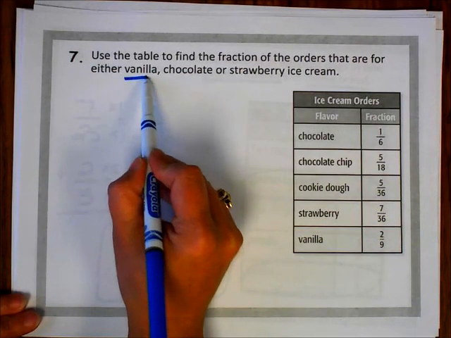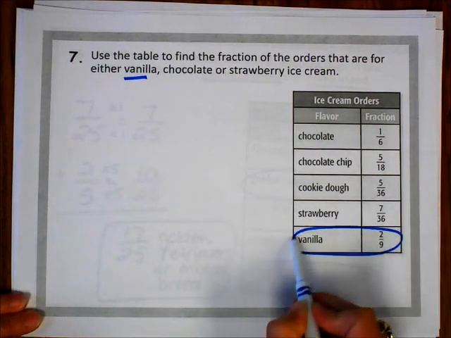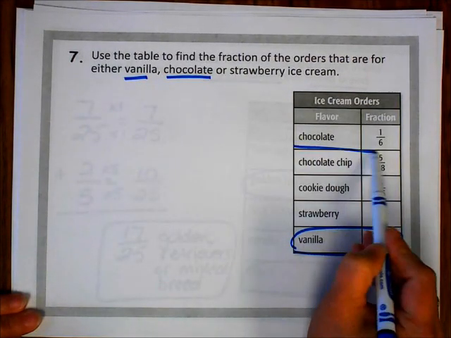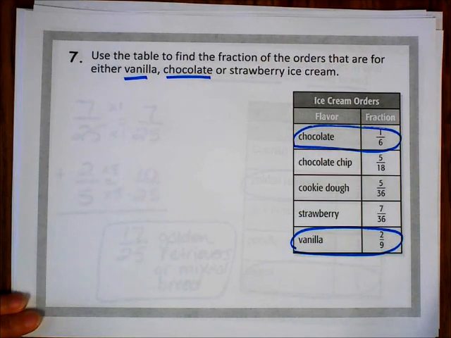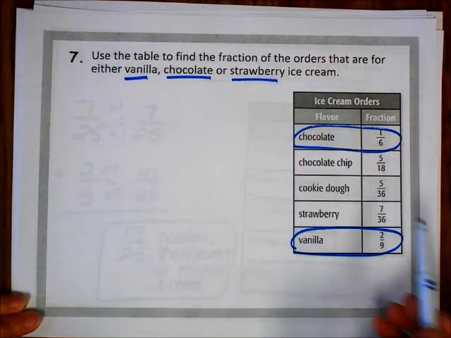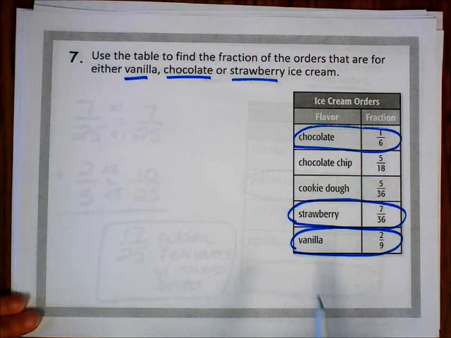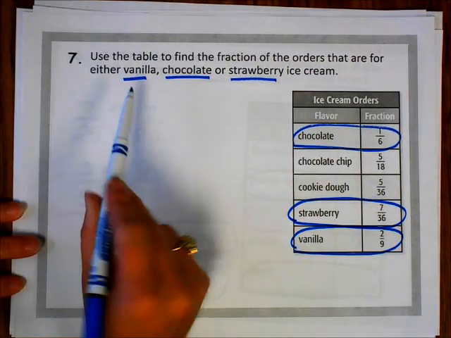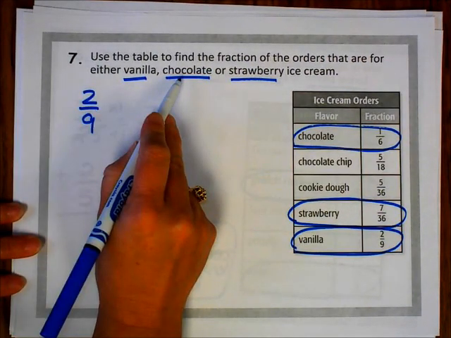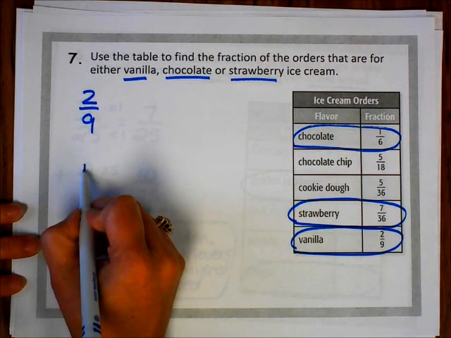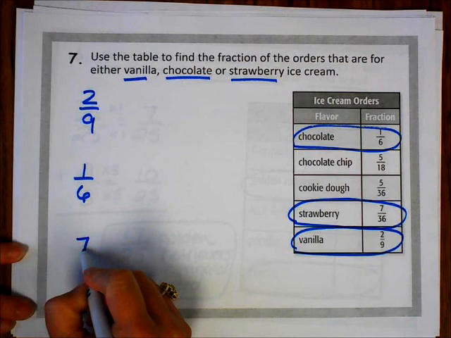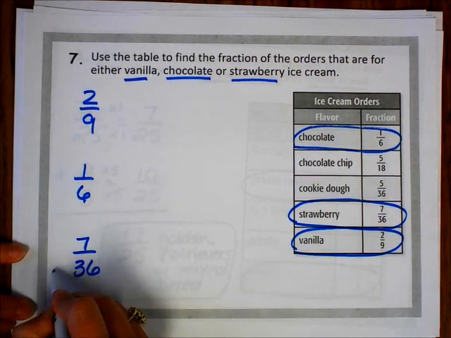So 2/9 of the people preferred vanilla, 1/6 of the people ordered chocolate, and 7/36 of the people ordered strawberry. So this time I have 3 fractions. So let's start with vanilla. Vanilla was 2/9. Then chocolate, which was 1/6. And then strawberry, which was 7/36.